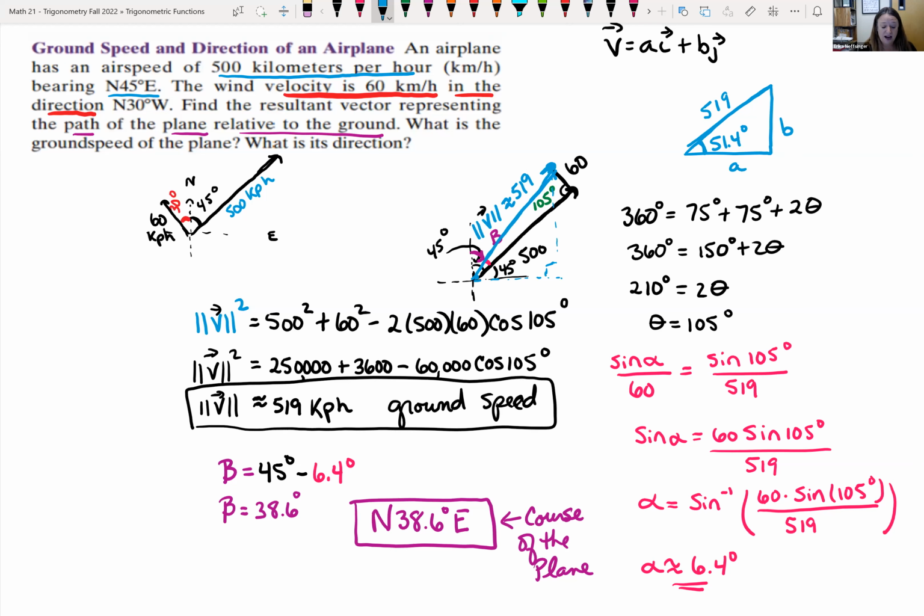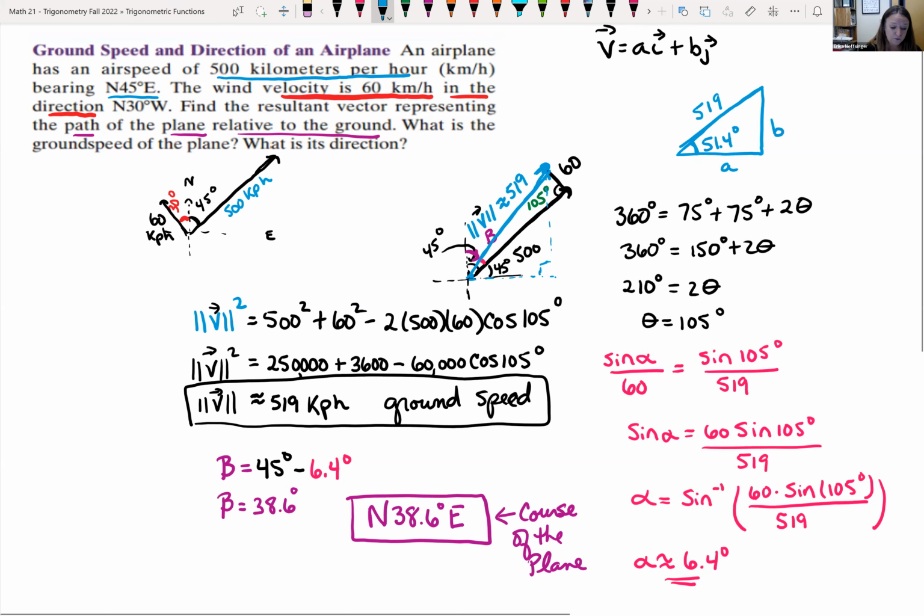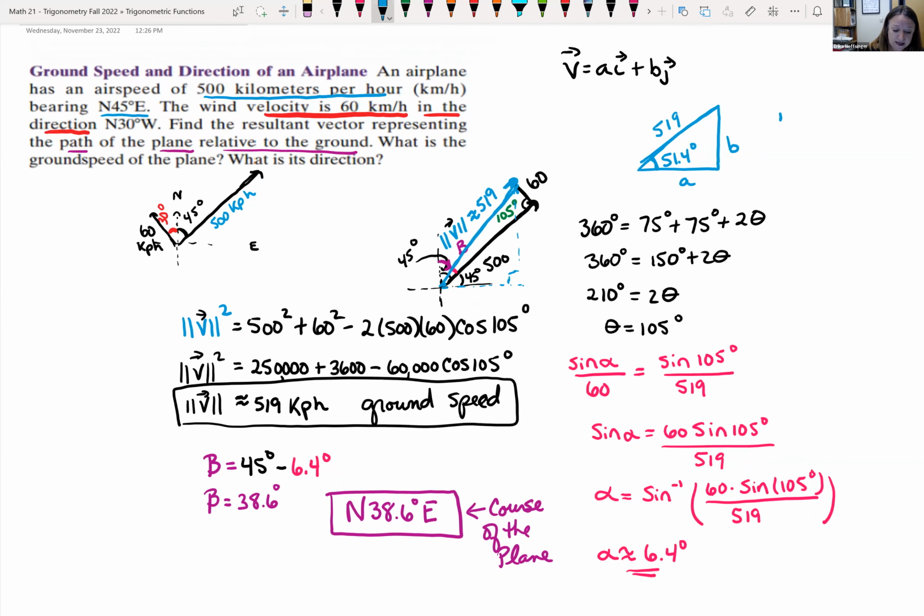So if I want to find the horizontal component of my vector, that's the adjacent side. Adjacent and hypotenuse, I know I'm using cosine. So cosine of 51.4 degrees is equal to the adjacent side A over the hypotenuse, 519.